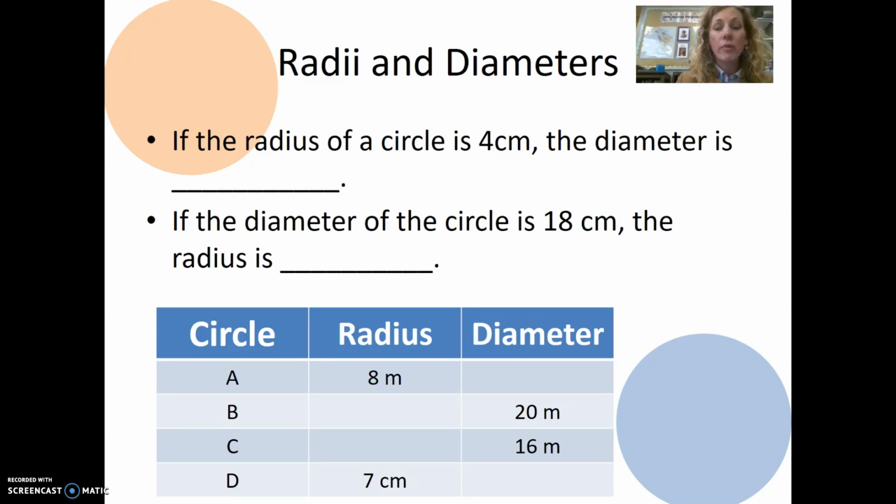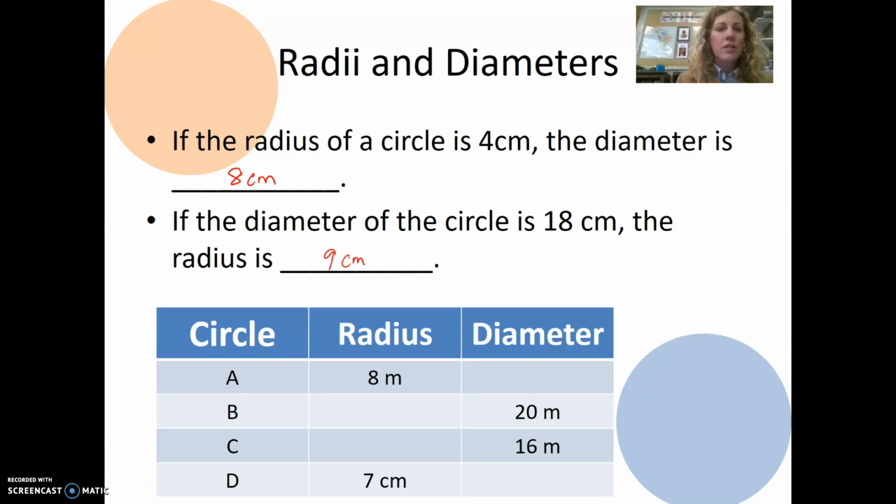It's going to be double 4, right? So it's going to be 8 centimeters. If the diameter of a circle is 18 centimeters, the radius is going to be half of that. So the radius is going to be 9 centimeters. Okay, go ahead and pause the video and fill in the chart below.